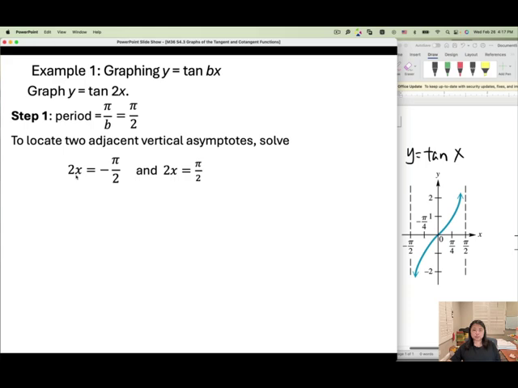And then we're going to solve for x. So we're going to divide by 2 for both sides. You should get this: x equal to negative pi over 4 and x equal to pi over 4. So these two will be the vertical asymptotes.